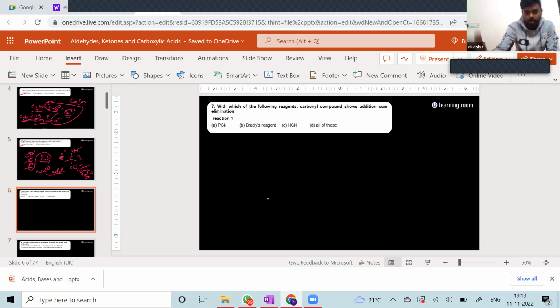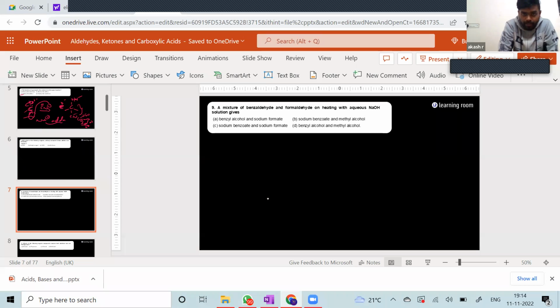If you're interested, maybe I'll just tell you what this Brady's reagent is. Just give me a second. I think the answer is going to be Brady's reagent only. 2,4-dinitrophenylhydrazine, but this will also undergo only nucleophilic addition. Okay, don't worry about this. We'll move on to the next question.